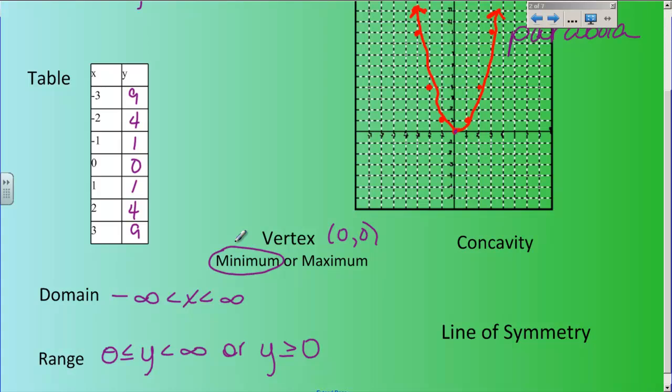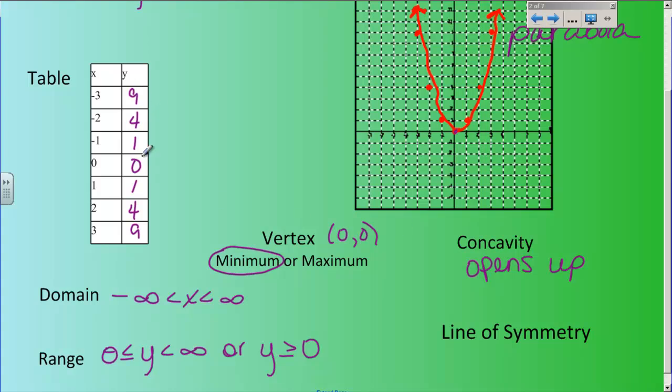You may have heard about concave things in science. It has to do with the roundness of something. In this case, this parabola opens upward because when it opens it goes up, and so we say that its concavity is that it opens up. And so its concavity is, it is concave up, is how we would say that, because it is opening in an upward direction.